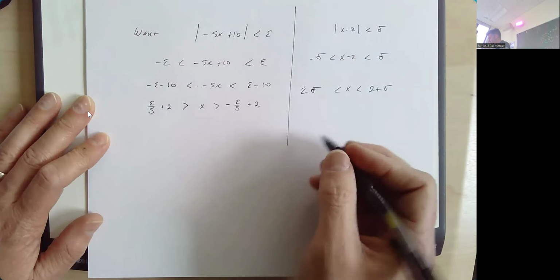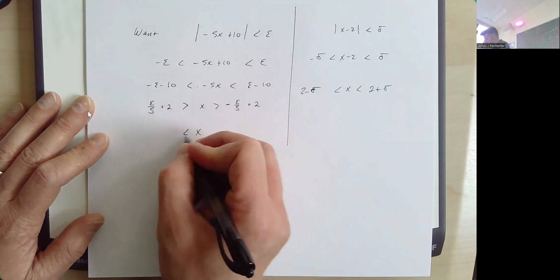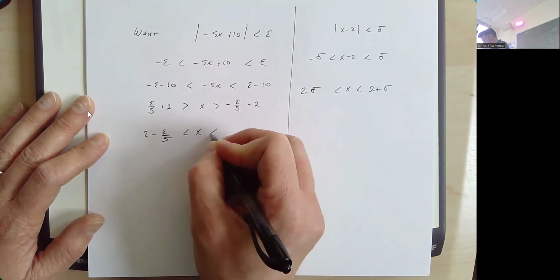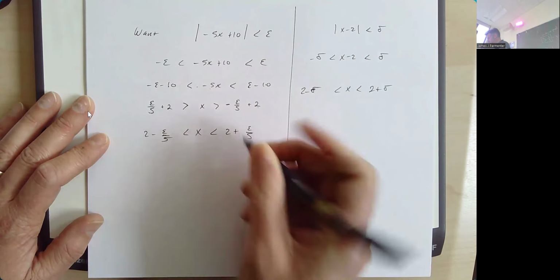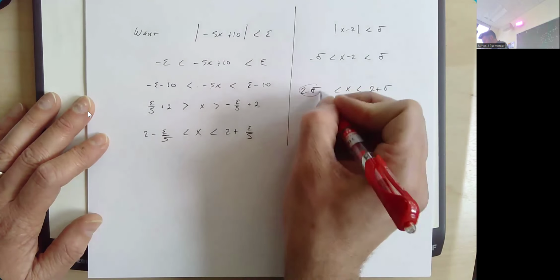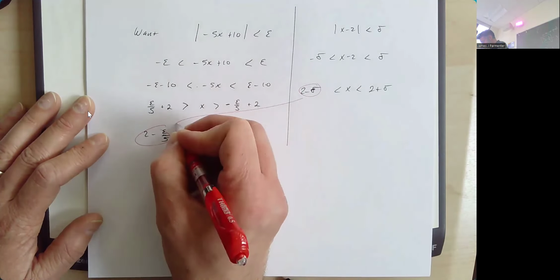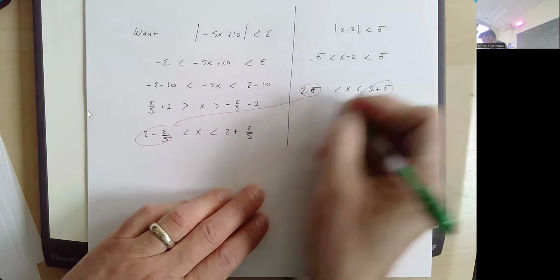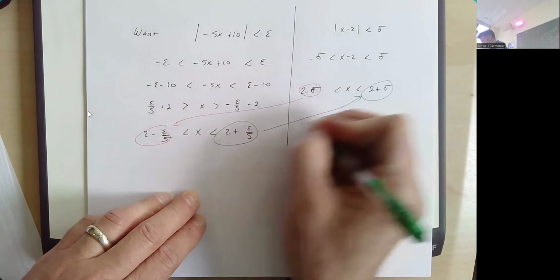So then let me rewrite this in the same order. Sorry, it's looking terrible. So I say, okay, great. x has to be bigger than this, x has to be bigger than this, so I need these to be the same. And similarly, x needs to be less than this and less than this, so these need to be the same.